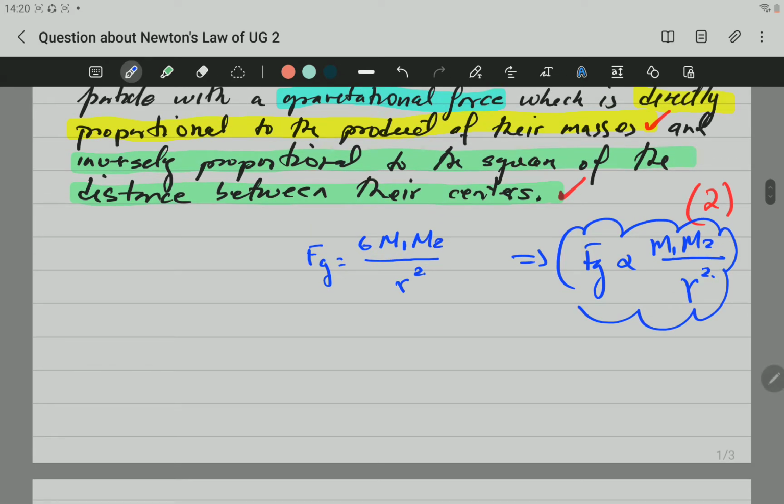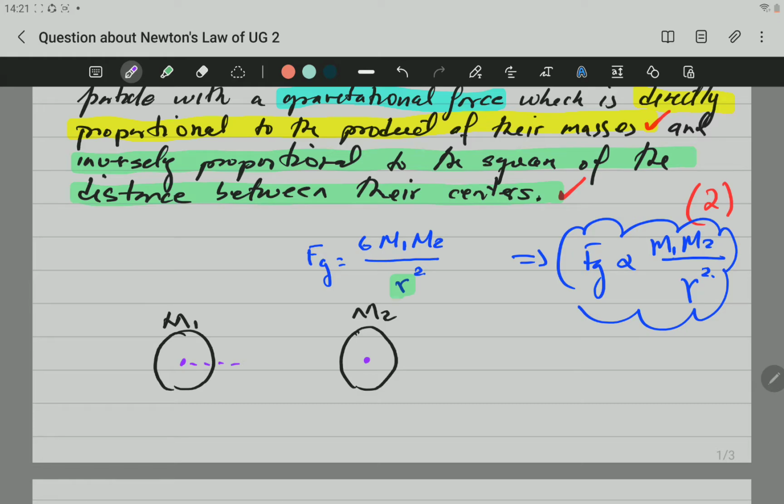But I also want to mention, before we carry on, that this is the distance between the centers of the 2 objects. For instance, let's say we have 2 objects here. The distance we're speaking about is the distance from the center of one object to the center of the other object.